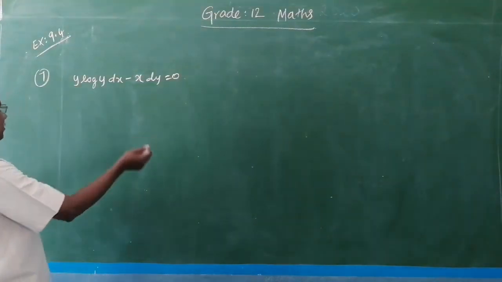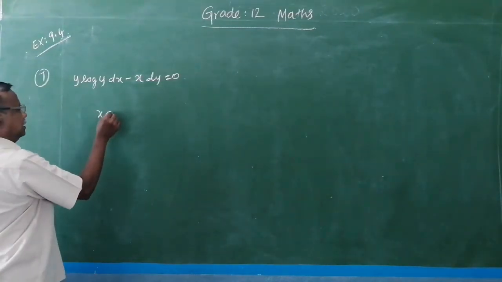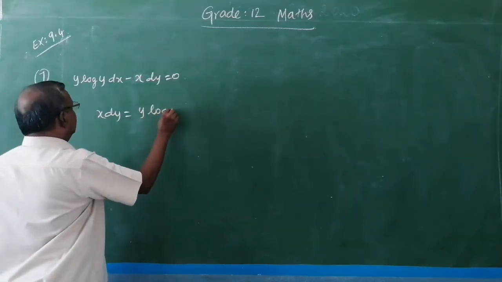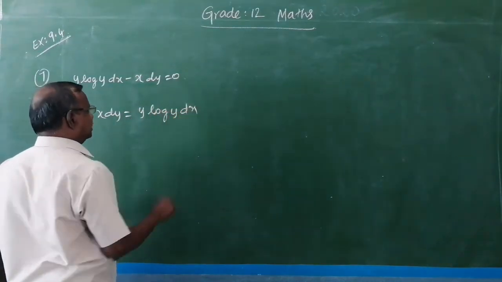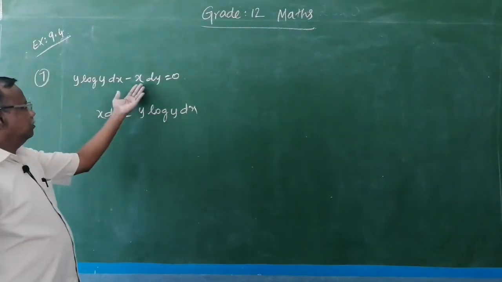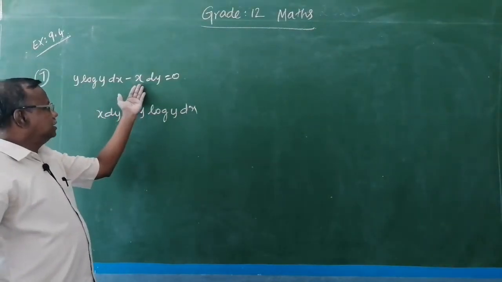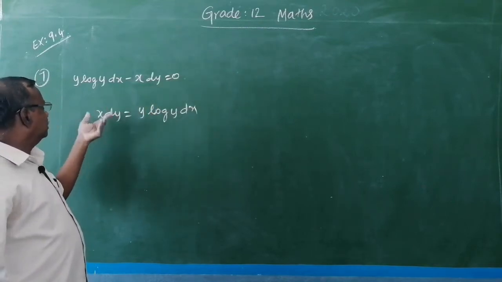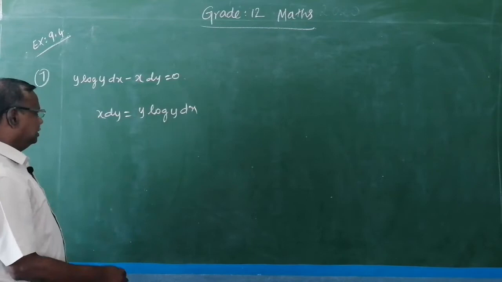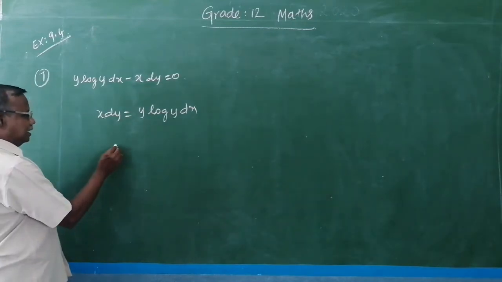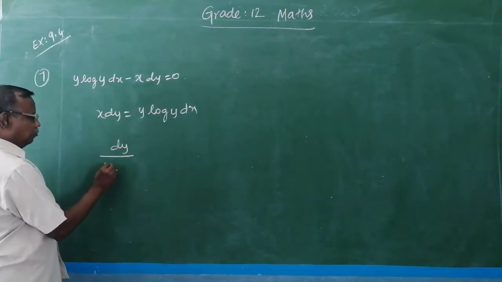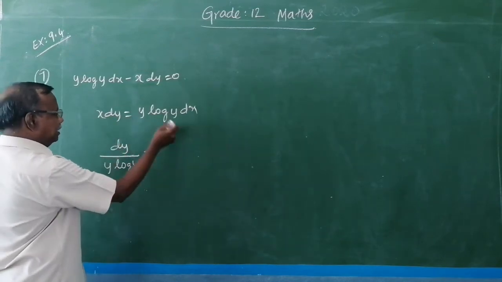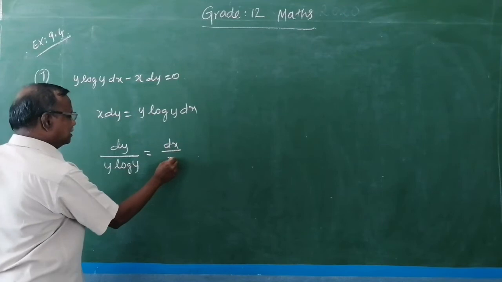Now separating the variables, we have x dy = y log y dx. I have brought the x dy to the right side, but I have written it on the left side. So x dy = y log y dx. Separating the variables, that is dy/(y log y) = dx/x.